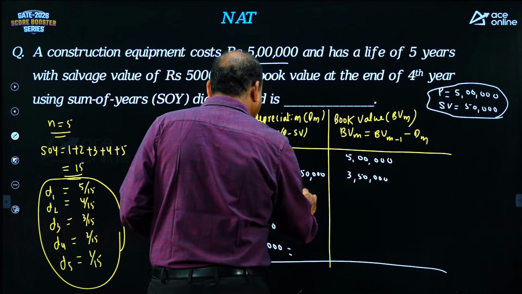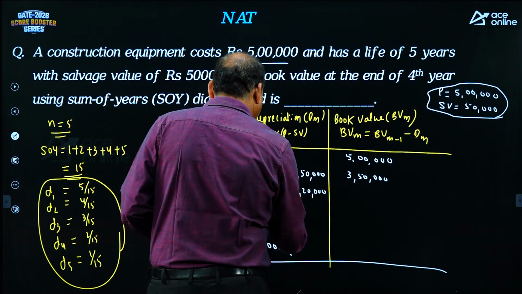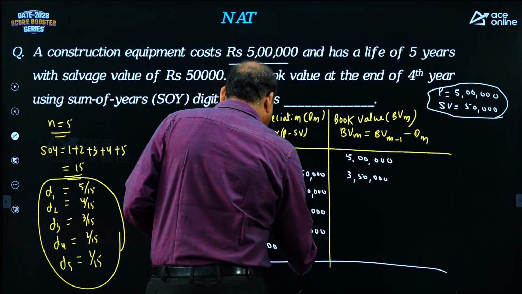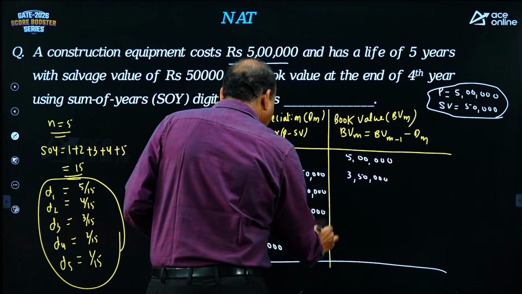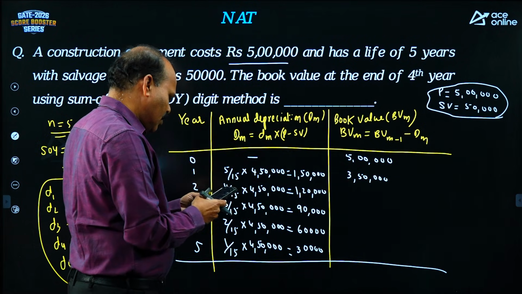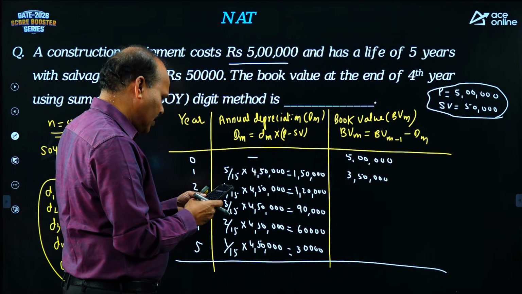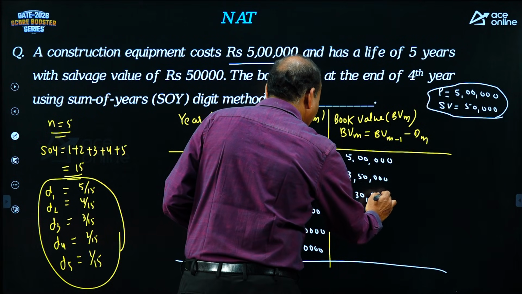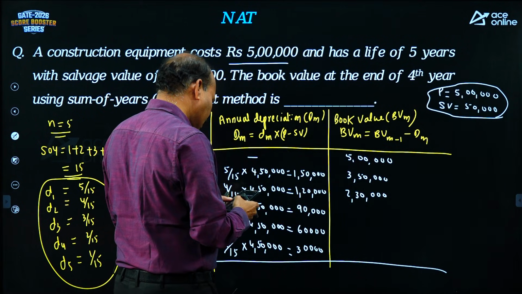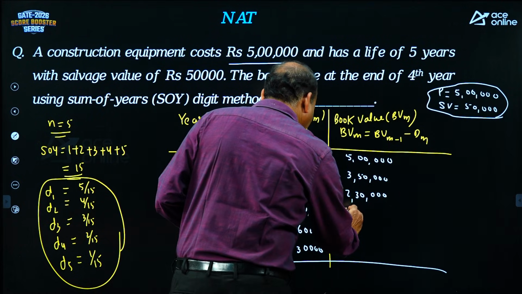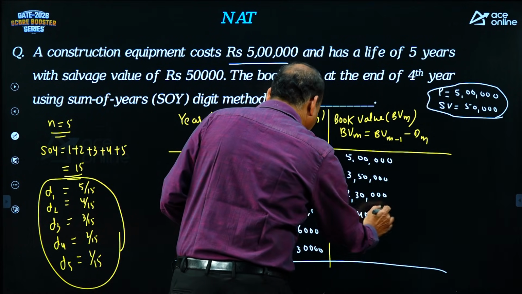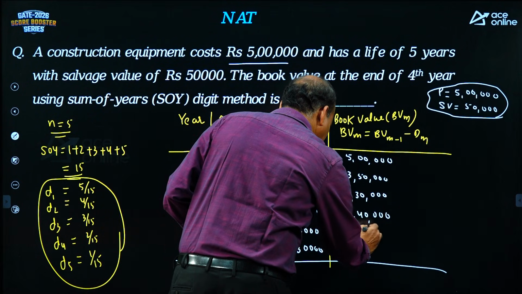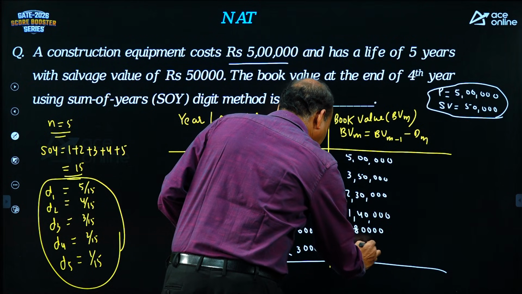This one 1,20,000, this one 90,000, 60,000, and 30,000. 3,50,000 minus 1,20,000, 2,30,000, minus 90,000, 1,40,000, minus 60,000, 80,000, minus 30,000, 50,000.